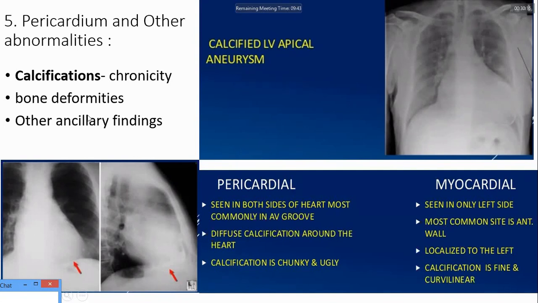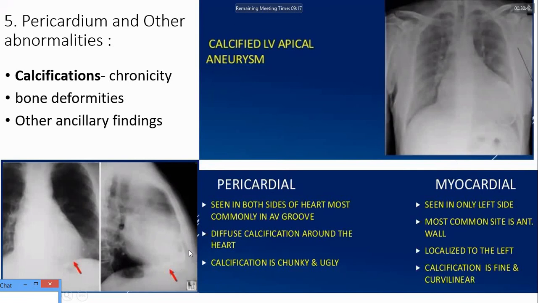The pericardium can show linear or speckled calcification. Here there is a curvilinear, fine calcification along the border of the heart. This is more peculiar of myocardial calcification. This is at the apex, so this is a left ventricular apical aneurysm calcification.